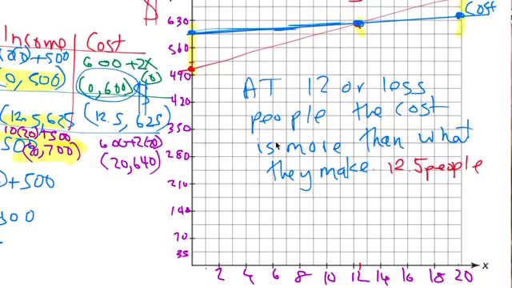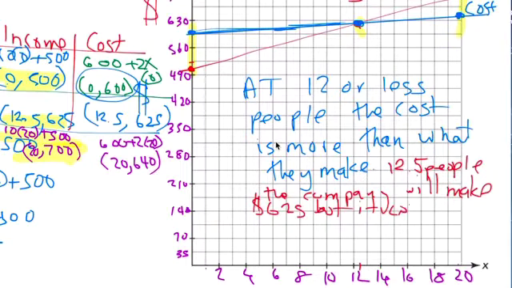At 12 and a half people, the company will make $625, but it costs $625. So profit is 0.